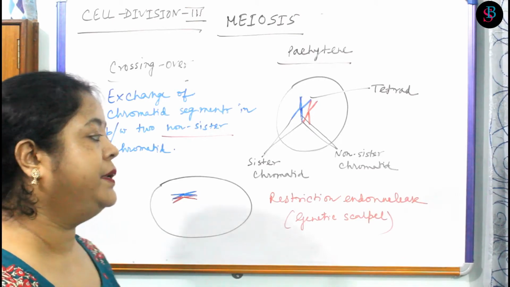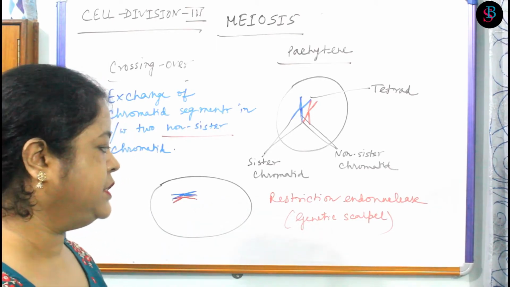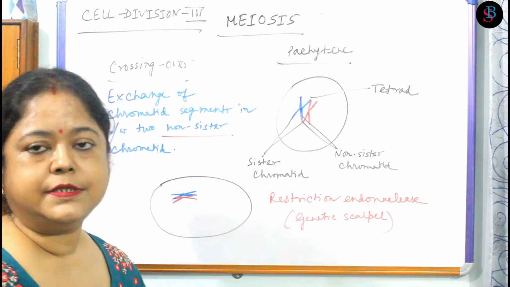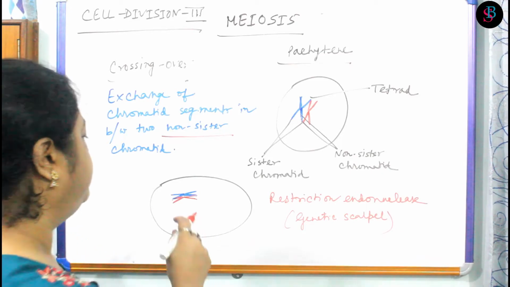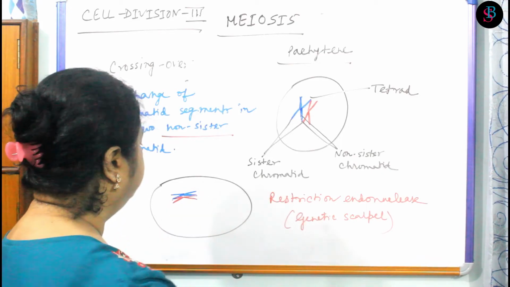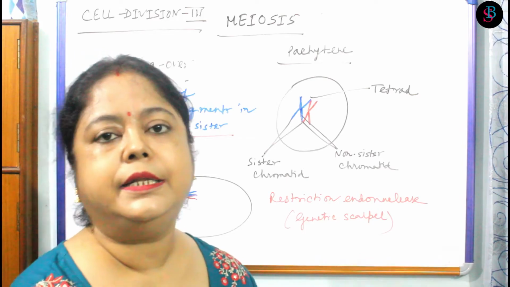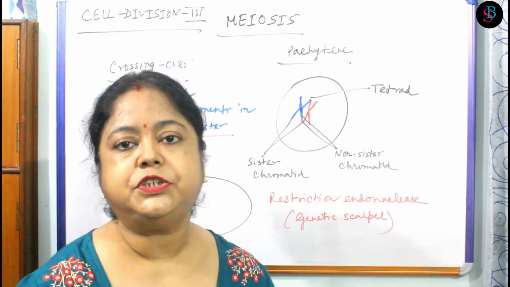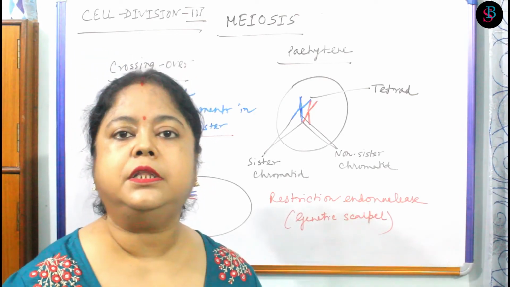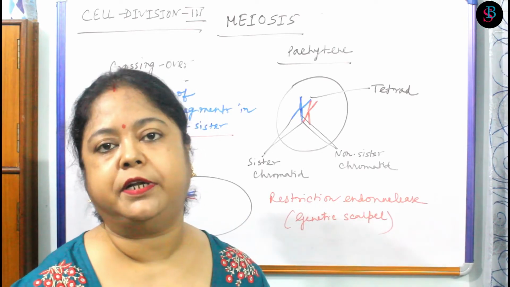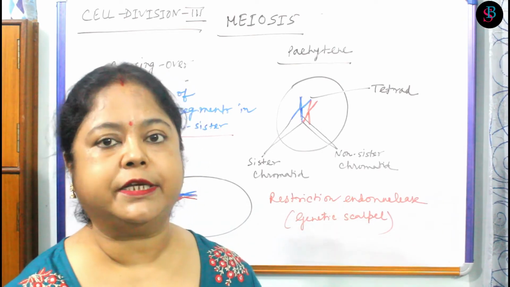It will cut the chromatid segments at the specific site, and after this cutting, both the chromatids will be fragmented in that manner, and they will lose their track, and they will enter in the region of the next chromatid, or chromatid of the next chromosome.